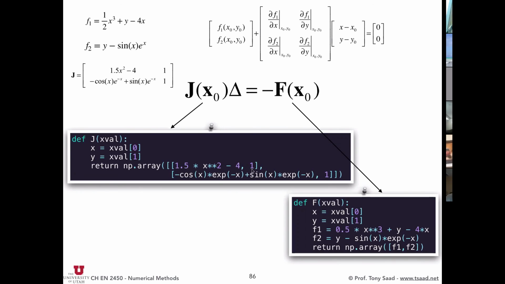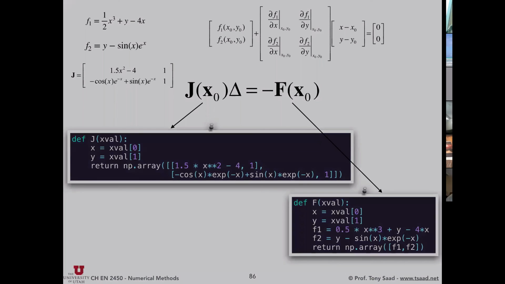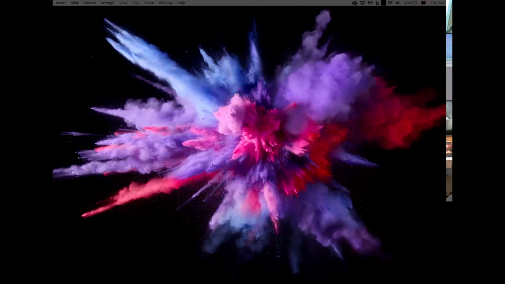The first row is 1.5x squared minus 4, and then 1 for the second column. And the second row, first column is minus cosine x e to the minus x, and then plus sine x e to the minus x, and so on. Okay, so now let's go ahead and do this in our Python notebooks.